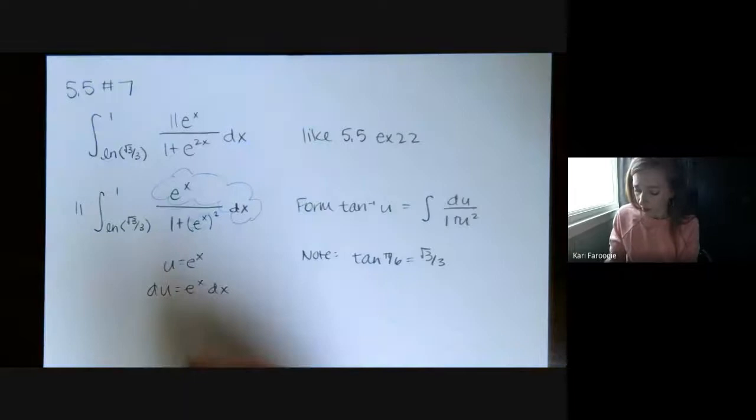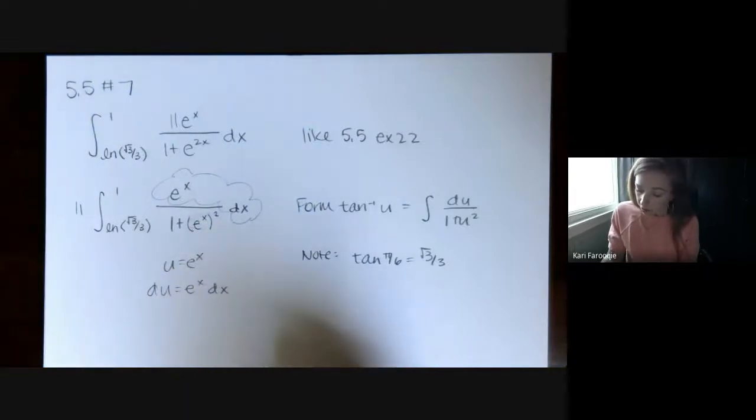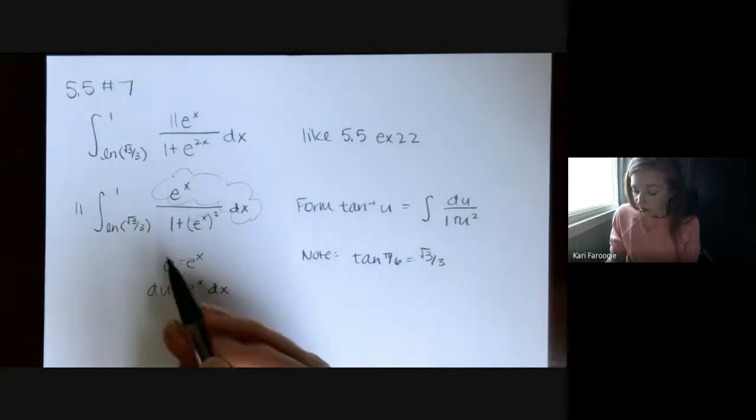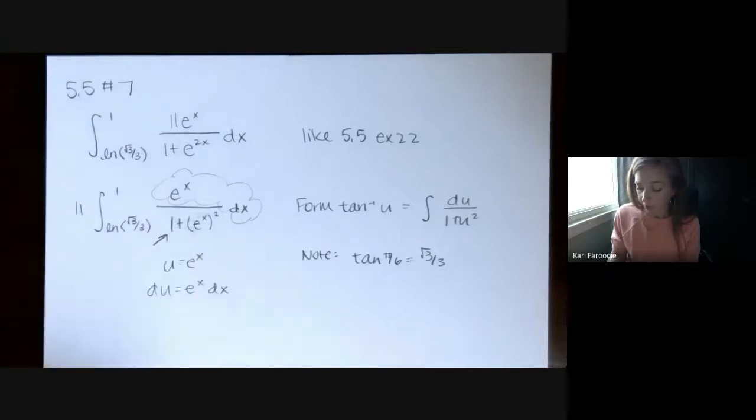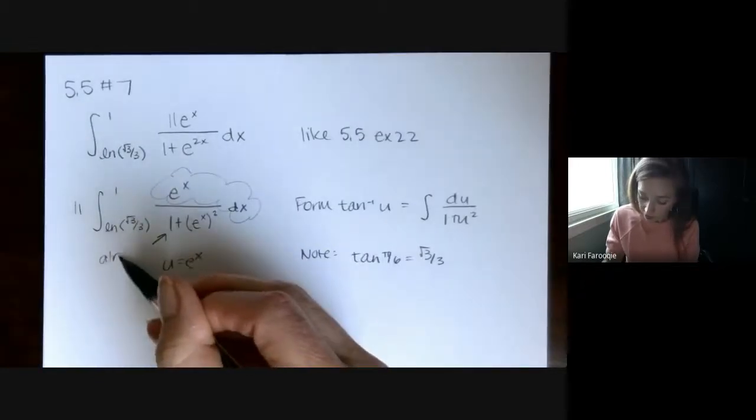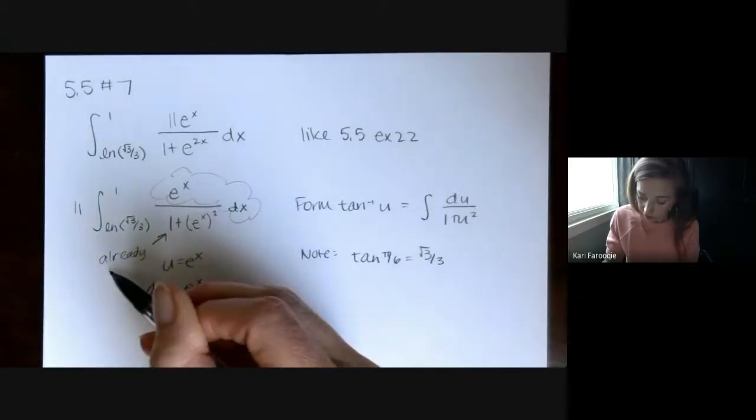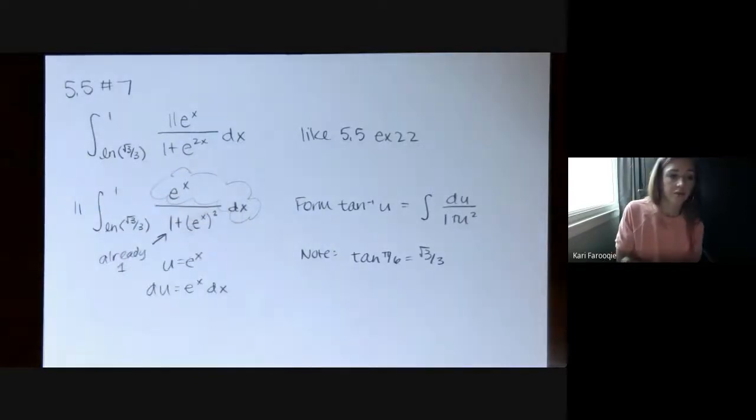And we have u. So we're going to go ahead and rewrite this. The nice thing is I've already got a 1. That's one thing that we look for with these inverse trig integrals. We try to make this constant in the denominator 1. We already have it. So there's not even a whole lot more we have to do at this point. We will switch the upper and lower limits of integration.